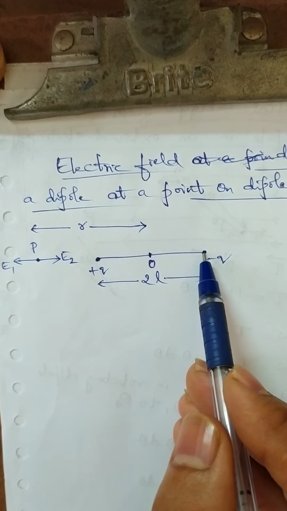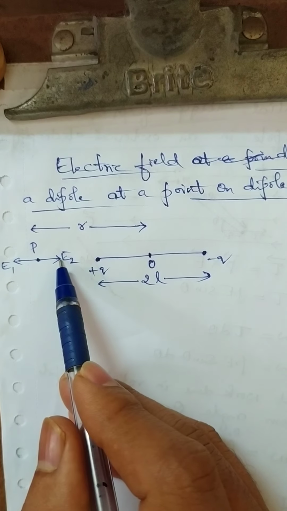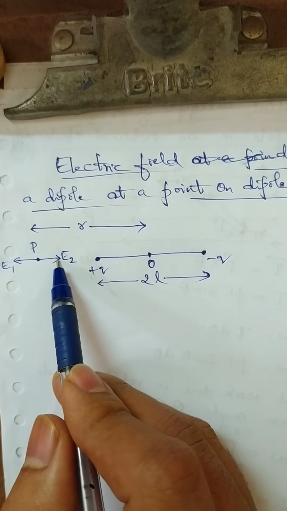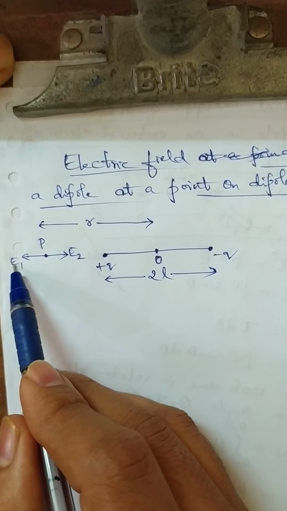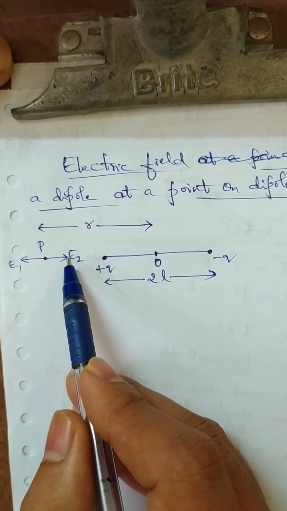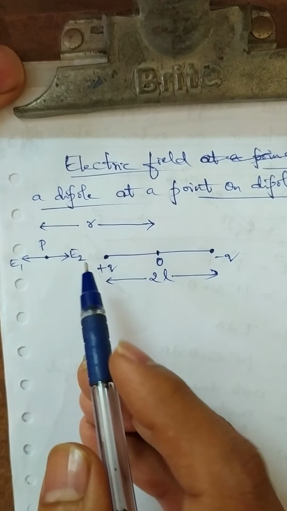For a negative charge, the electric field is always directed towards the charge, which is represented by E2. Now we need to prove mathematically what the expression is.